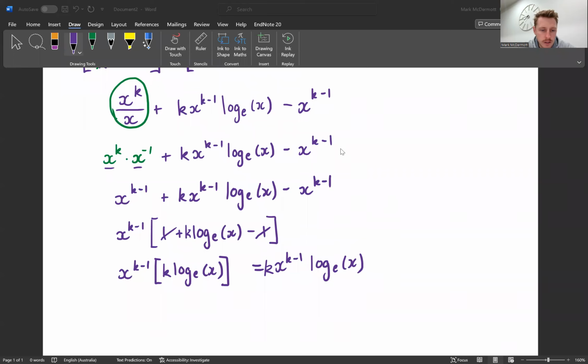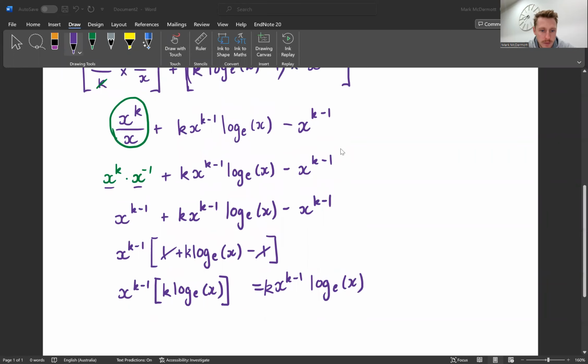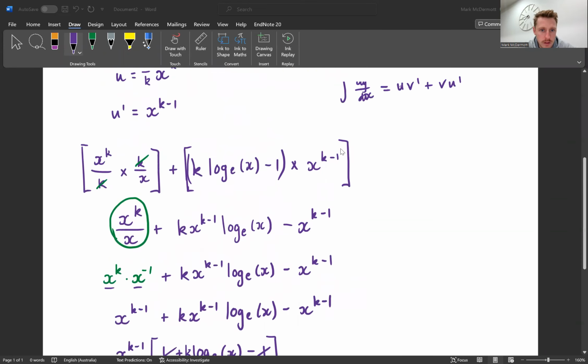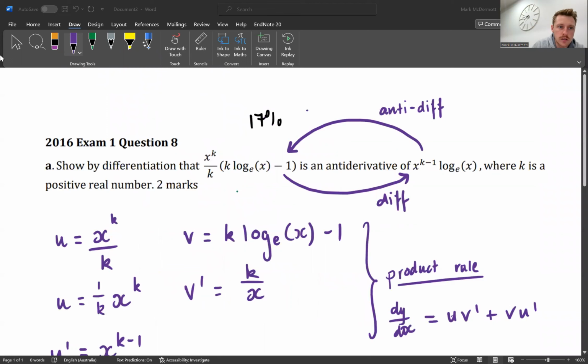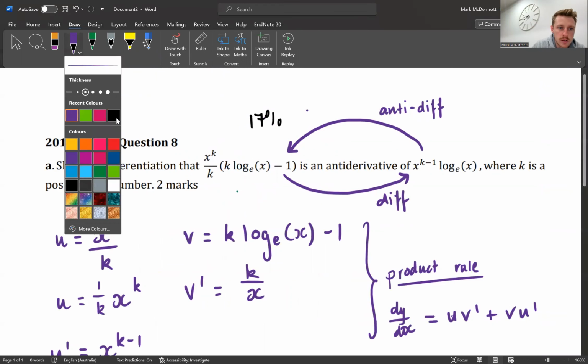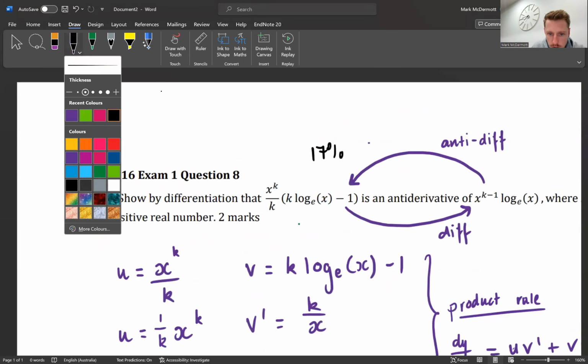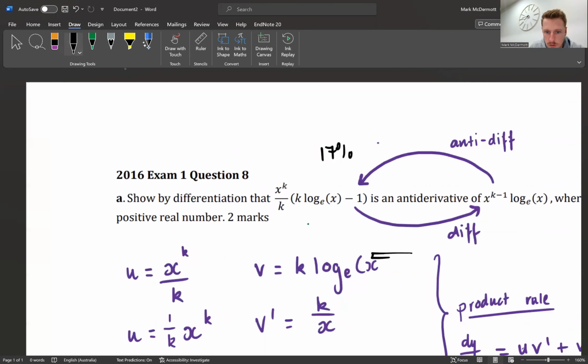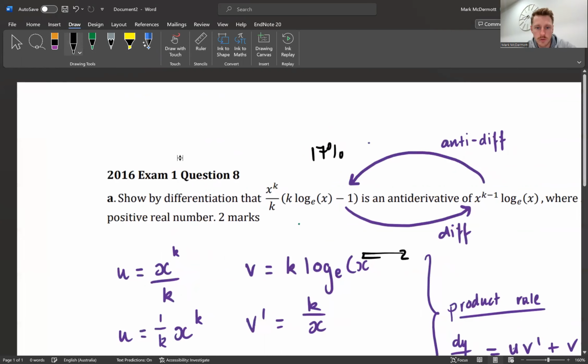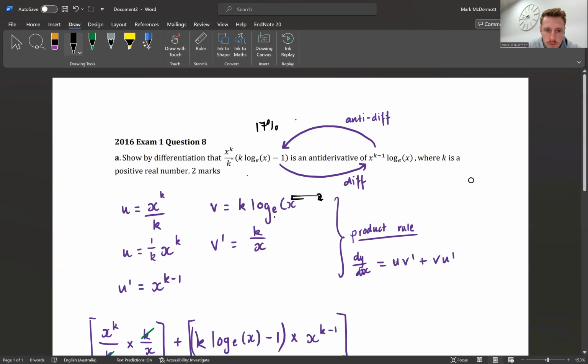So I just had a look at the 2016 exam. The question was transcribed wrong. This was supposed to be k squared in the original question, which when you differentiate it does give you this.